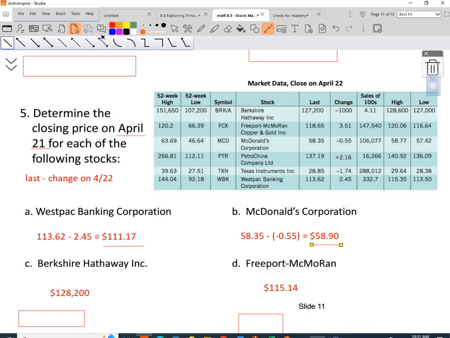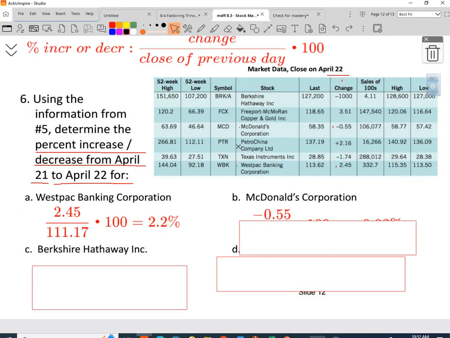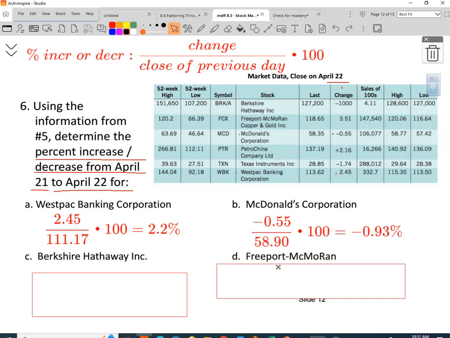So it's the change divided by $58.90 from the previous screen times 100, following our formula, and that equals our percent change, negative 0.9%. And remember, it's a percent of increase or percent of decrease, so you put the percent symbol. If it's a positive percent, then it's a percent increase. If it's a negative percent, it's a percent decrease. Make sense? Okay.